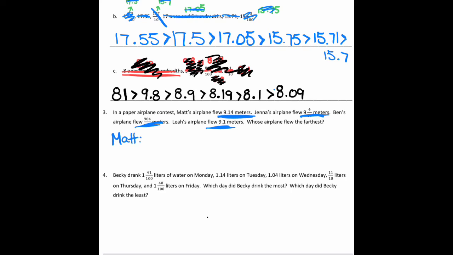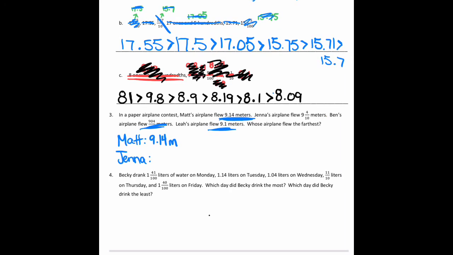Matt flew 9.14 meters. Jenna flew, let me erase it, I think it's 9 4/10, so that would be 9.4 meters. Ben's, let me erase that because my underline got in the way.